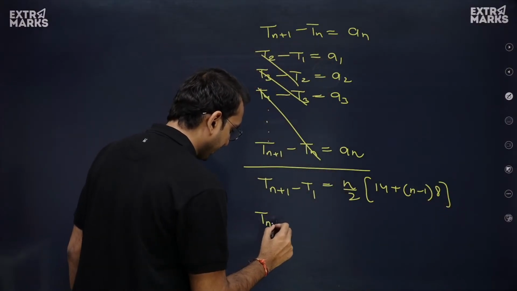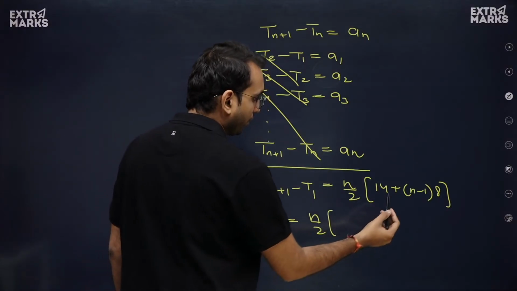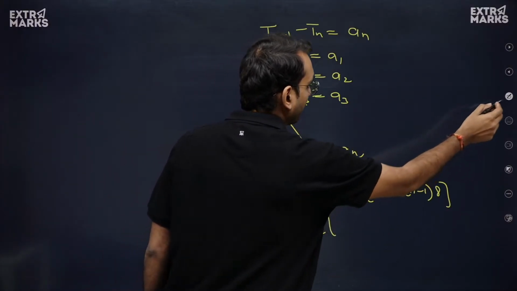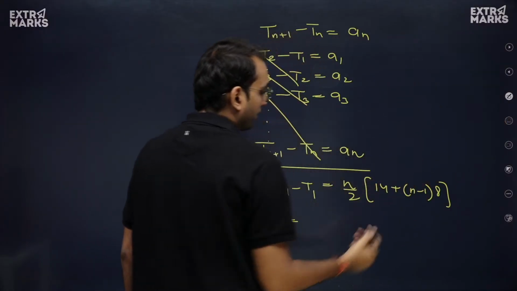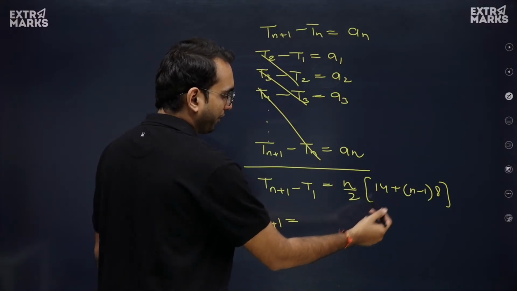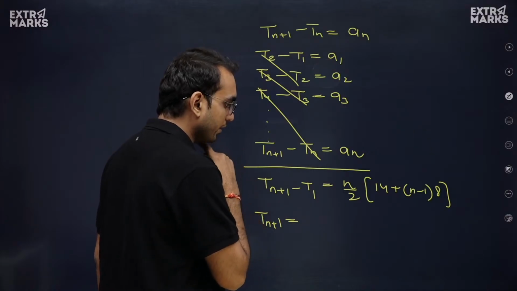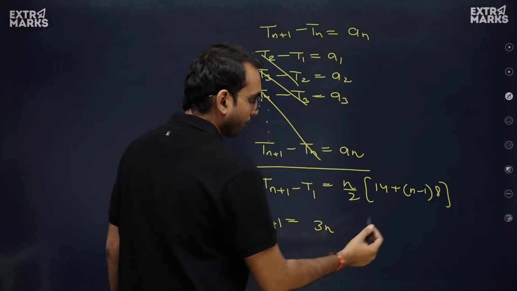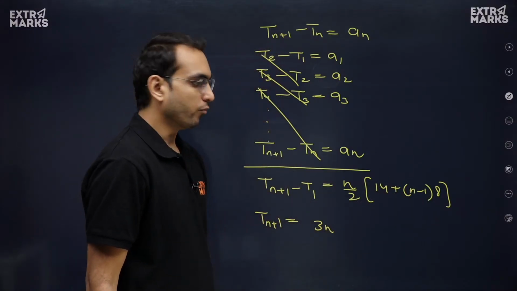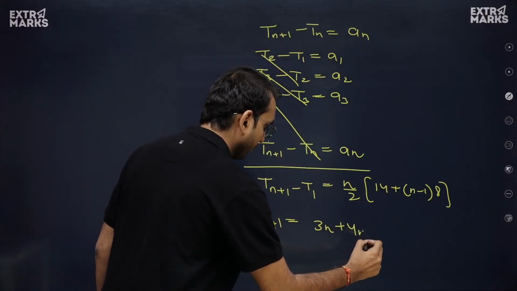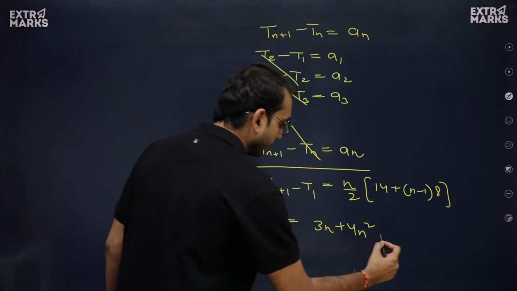So Tn plus 1 will become n by 2, 14 minus 8 is 6, 6 divided by 2 is 3, so it will be 3n, and 8n divided by 2 will be 4n, so plus 4n square. T1 will go on the right hand side and T1 is basically 3, so it is plus 3.